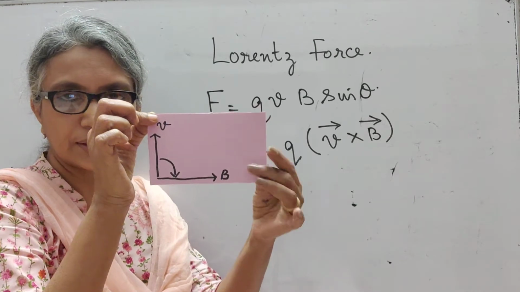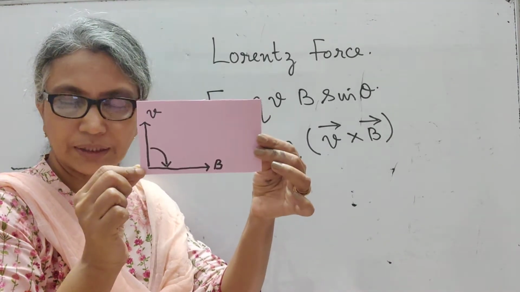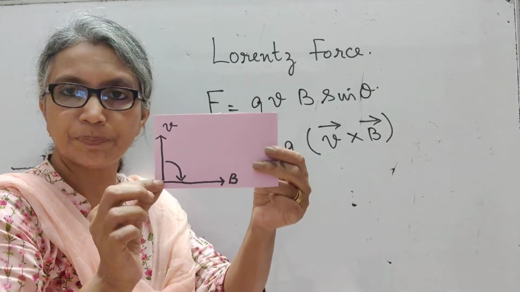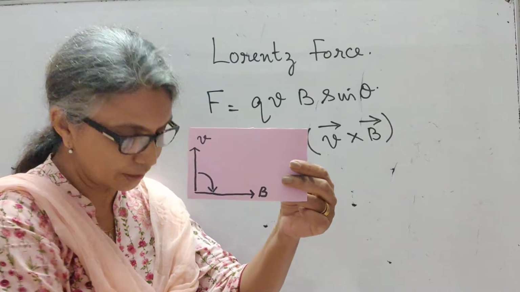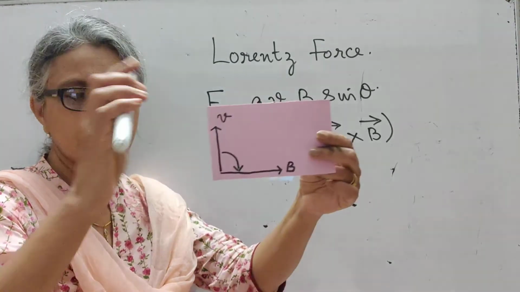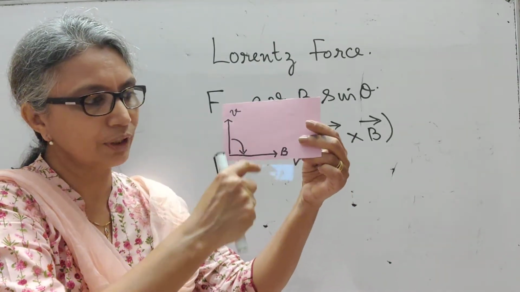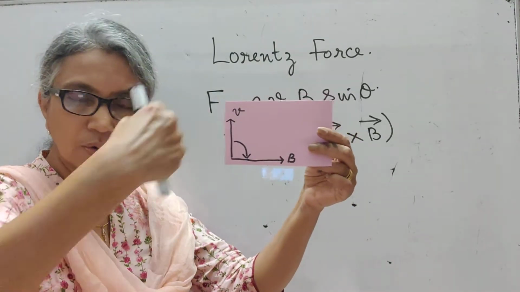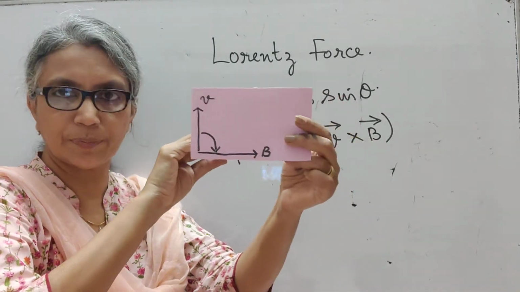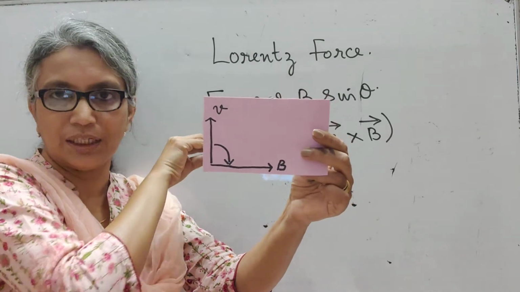So if you have something like this, the plane containing the vectors V and B is this plane. So the vector force will always be perpendicular to this plane. That means you could have the force perpendicular like this or inwards. Okay. Now you will see in this case V cross B is in clockwise turn. That means your vector force will be perpendicular to the plane containing V and B, and it will be inwards.